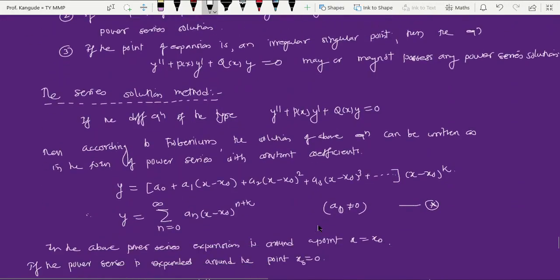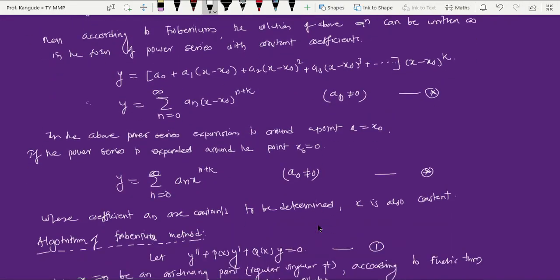According to this theory, we have to check the point of expansion for which we are going to find this series solution. First check whether the point of expansion is an ordinary point, regular singular point or irregular singular point. If it is an irregular singular point, then there is no use of this particular method, because the solution is not going to be acceptable at all.